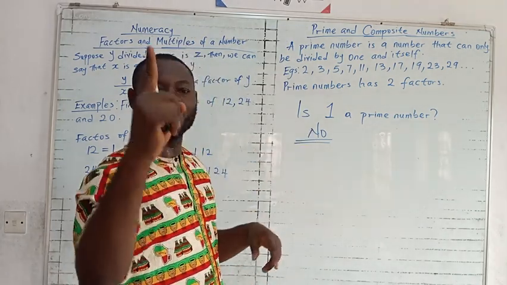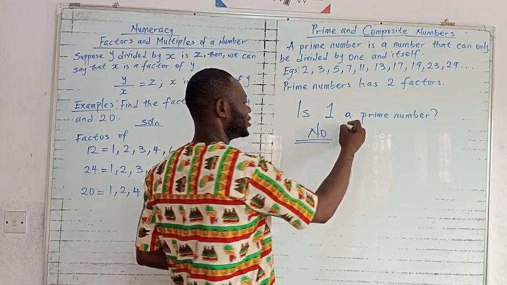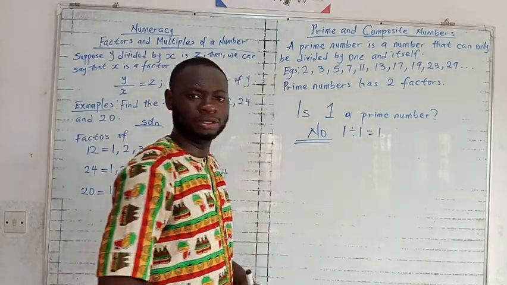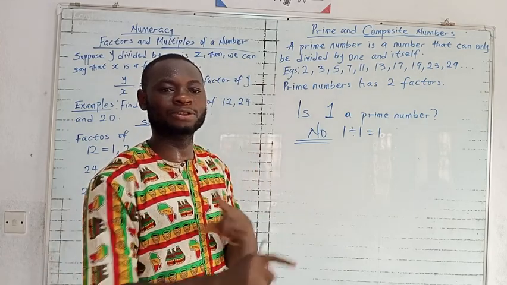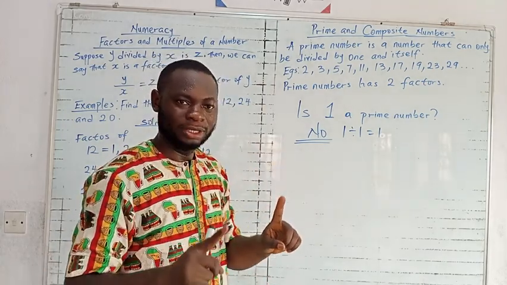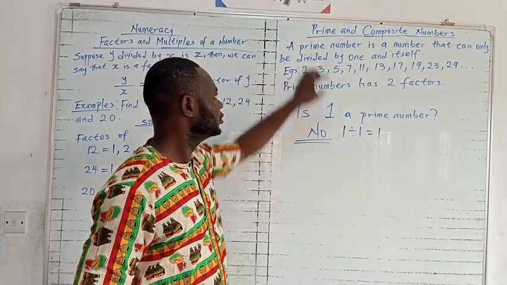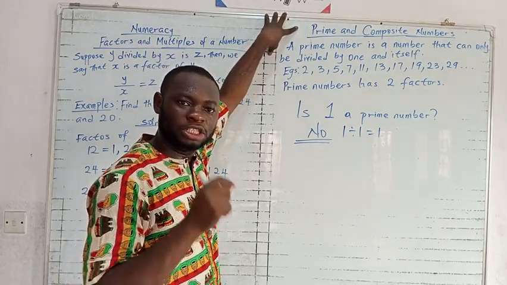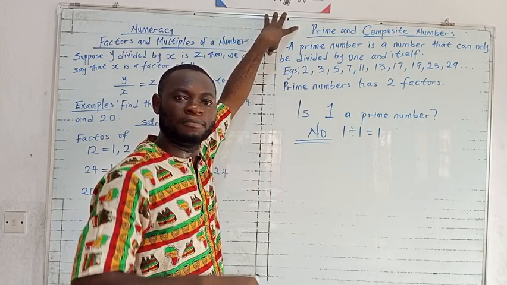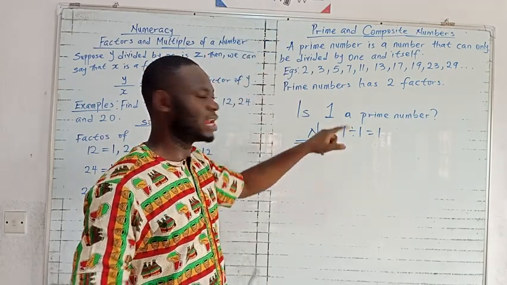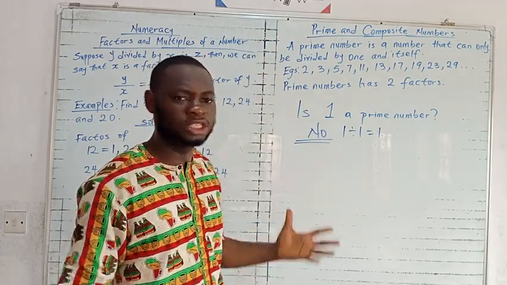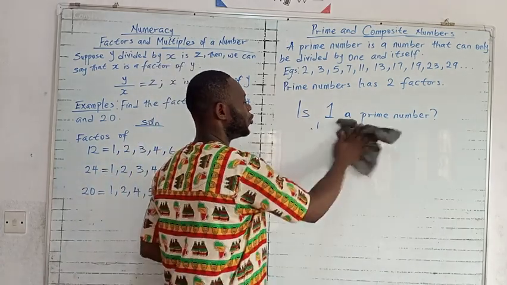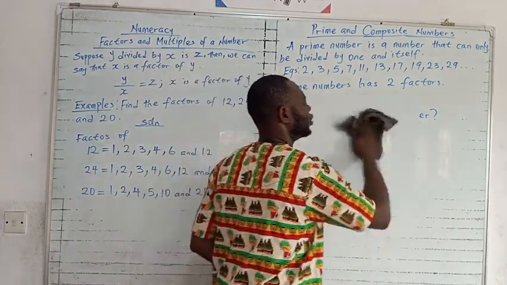But 1 has only one factor. 1 can only be divided by 1. It has no other factor except 1, which now fails the definition of prime numbers. Because the definition says that every prime number has two factors, but 1 has only one factor. So 1 is not a prime number. This is the reason why 1 is not a prime number.